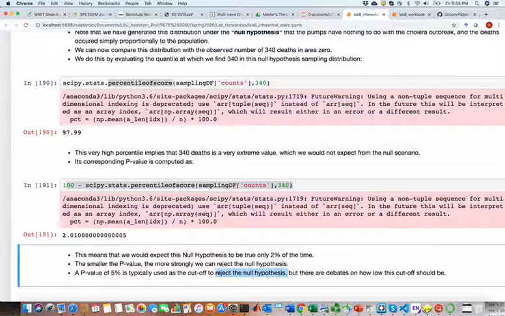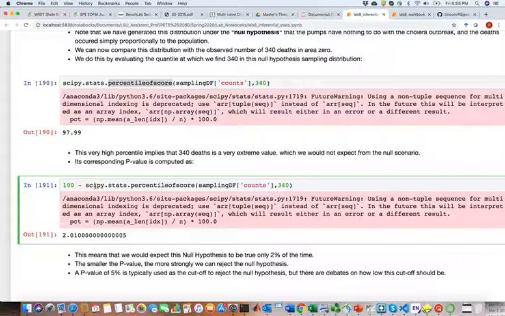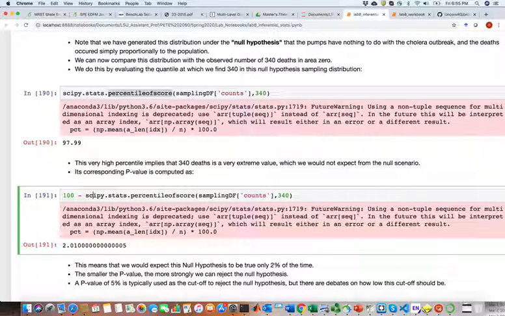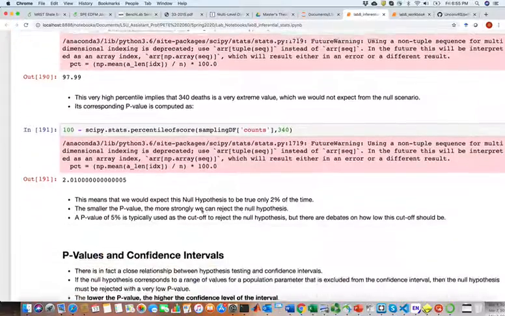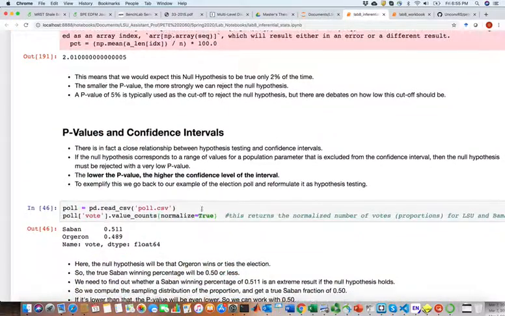But if it is lower than 5%, you reject the null hypothesis. So in this case, it means we reject the hypothesis that the death is just due to the proportionality in the population. And that means it could be due to the cholera outbreak. So we reject the null hypothesis, but it doesn't mean we accept the hypothesis. It just means we have no reason not to accept it. I think that's the easiest way to explain that.